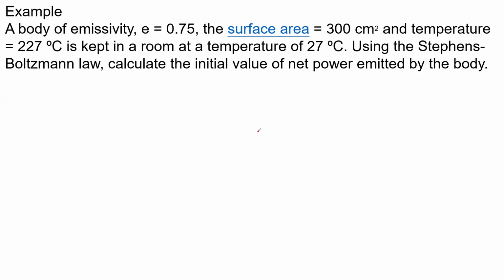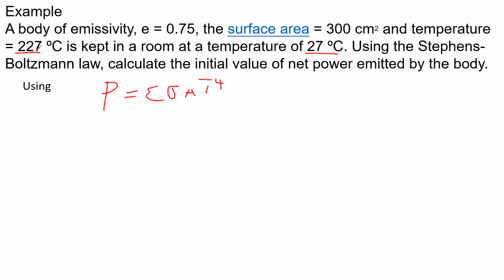This is simple, ladies and gentlemen. We are going to take the formula P = εσA T^4. This T to the power of 4 can be changed in temperature, where in this case we have 27 degrees centigrade for the room, and for the initial one we have 227 degrees centigrade.